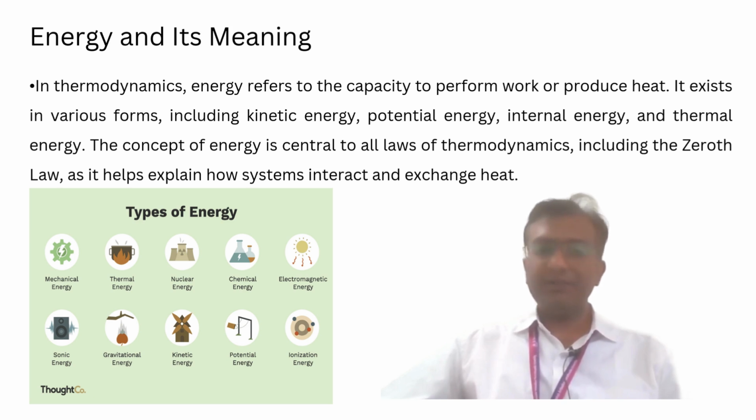This is the energy of motion. Any object that is moving possesses kinetic energy. The faster it moves, the more kinetic energy it has. Examples include a spinning turbine, a flowing fluid, or even the movement of molecules within a gas.